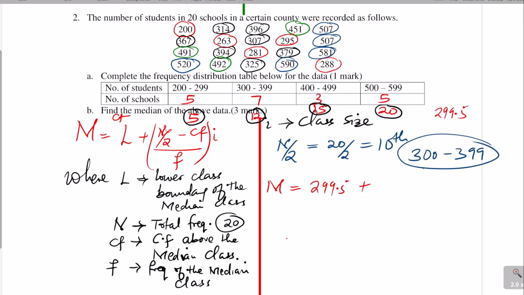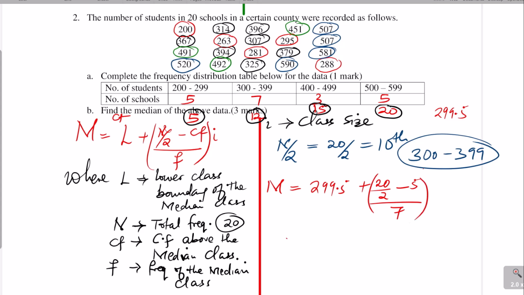Then plus N divided by 2, N is 20, divided by 2, subtract the cumulative frequency above the median class, which is 5. Then everything divided by F, the frequency of the median class, which is 7.